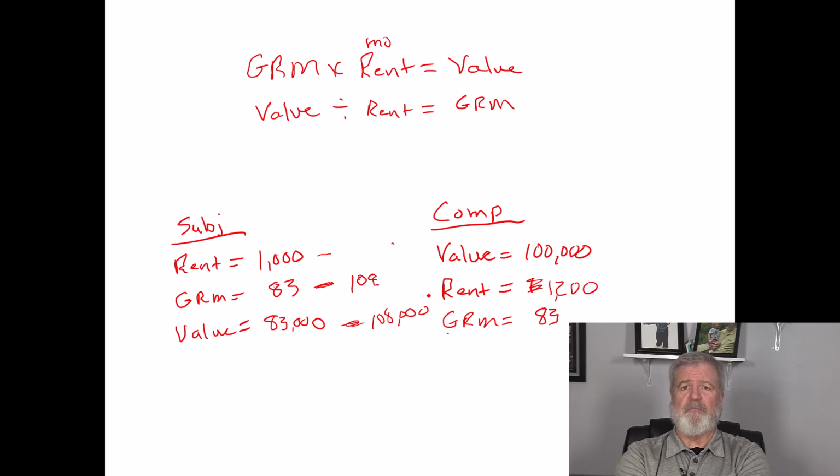You know, I'm telling you, investors are making offers on property all the time. Well, let's say because my gross rent multiplier is 108 and the rent was $1,000, obviously the most I'd be willing to pay is $108,000. But what if this property was on the market for $115,000?